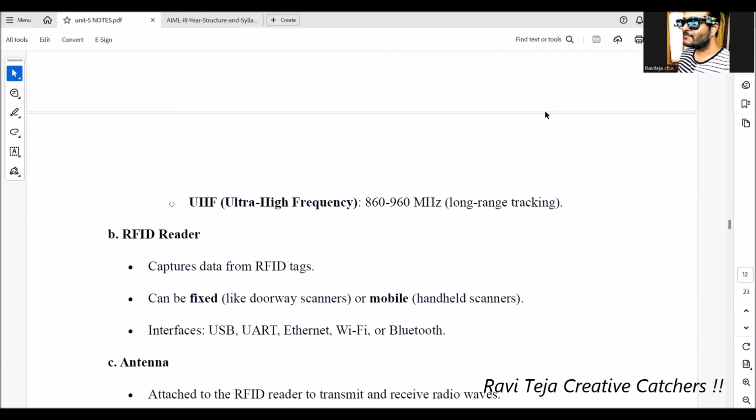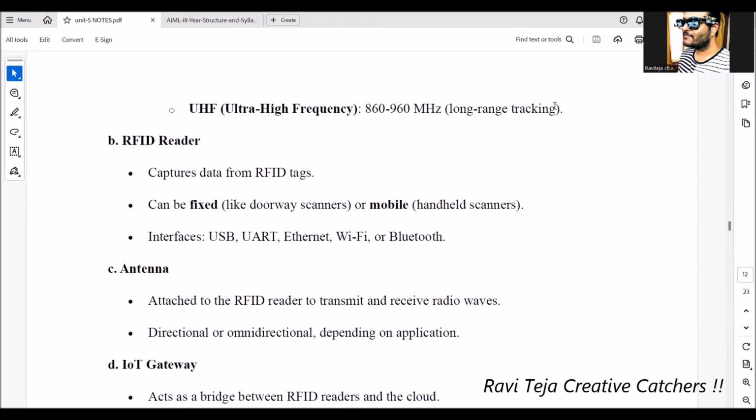We all know, right? USB is the universal serial bus. UART is the universal asynchronous receiver transmitter. In order to connect the device through Wi-Fi, we can use Ethernet and Wi-Fi. If you need wireless communication over a short range distance, you can also use Bluetooth communication.